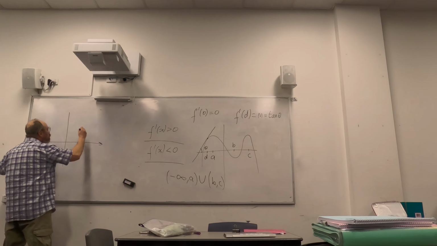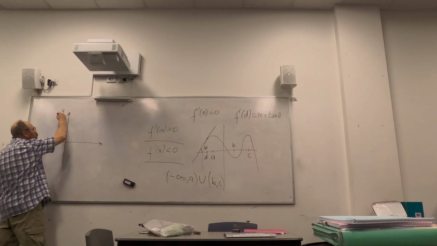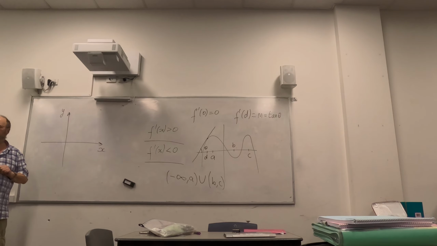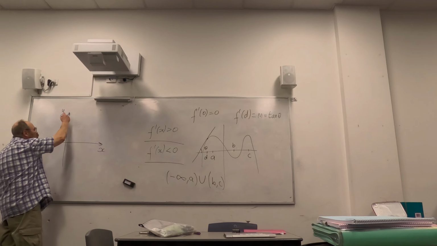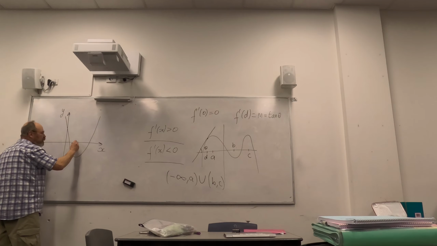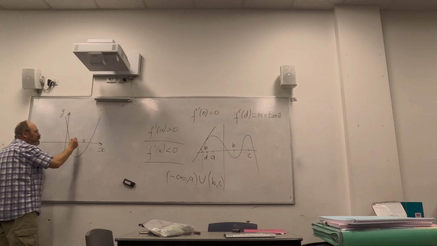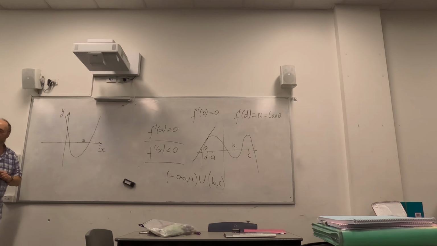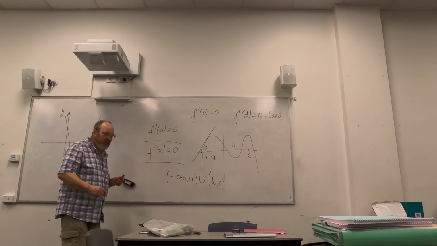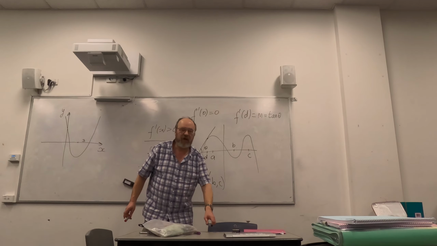I will sketch a few functions and we will be finding what the graph of the derivative function will be. So this first one, with this point being 3, is a quadratic.